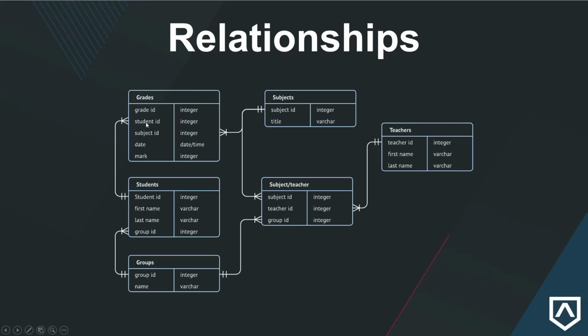It will hold a reference to the student's ID. So in order to view a student's grades, you need to join these tables. These are called foreign keys, meaning it's a value in my table that's a key in another table. The student ID is a key for student, so my grade holds the student's key as a foreign key.